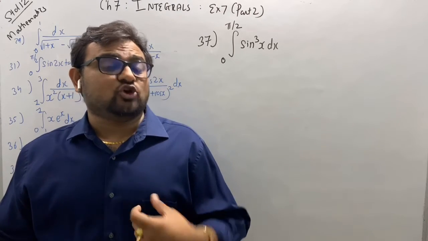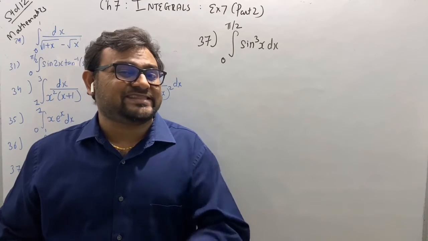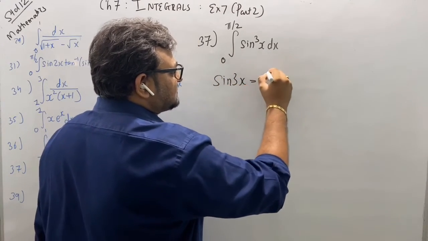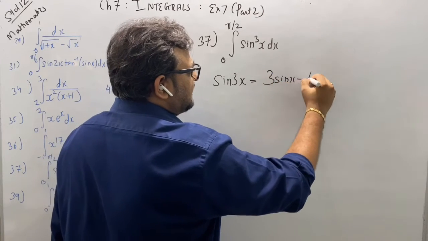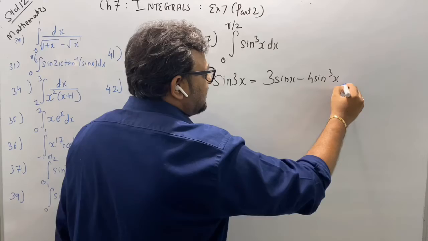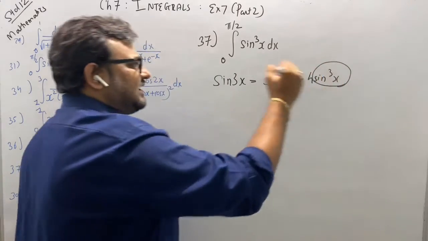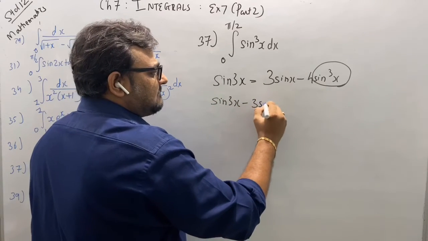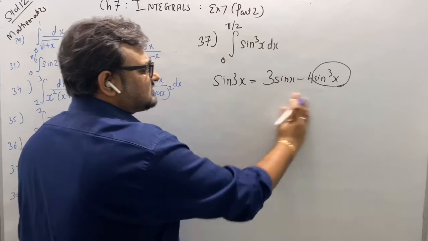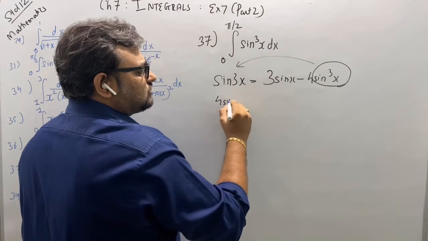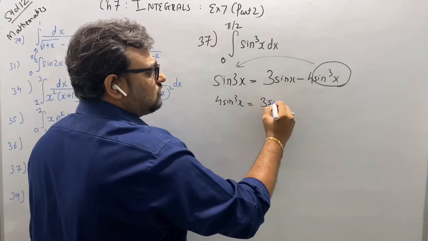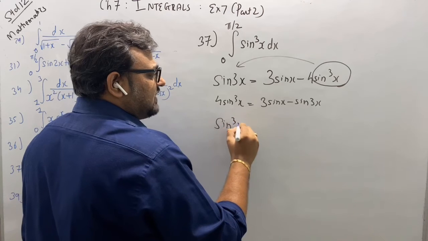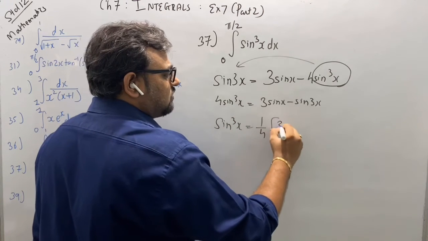Now, if it is sine cube x, then we were using the formula for sine 3x. See, sine 3x equals 3 sine x minus 4 sine cube x. We just need to separate this sine cube x. Let's take this on this side: 4 sine cube x equals 3 sine x minus sine 3x, so sine cube x is 1 by 4 of that.